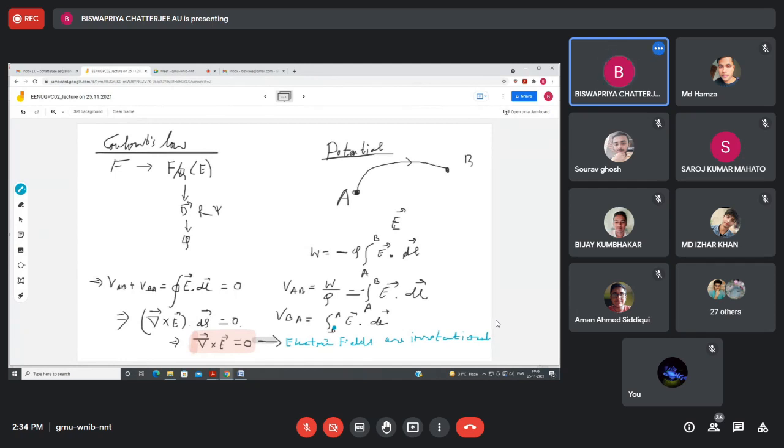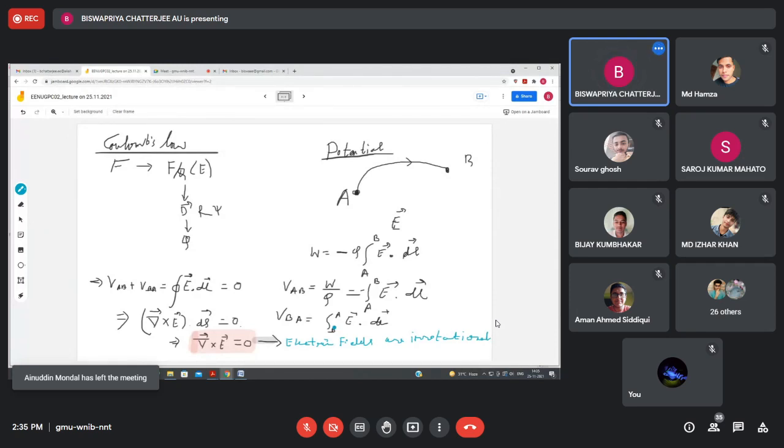So if you are given a vector and its curl is 0, then you can immediately conclude that this field must be an electric field.